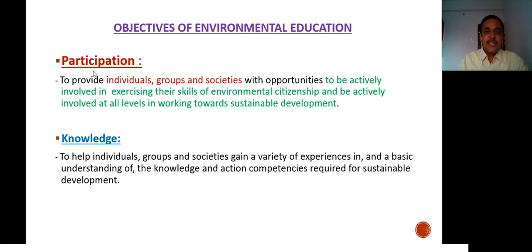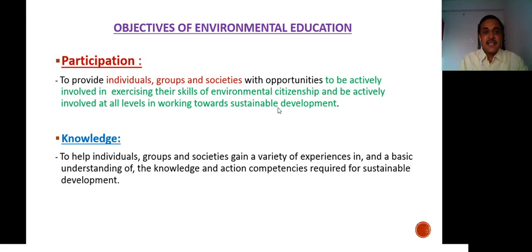The first objective of environmental education is participation, meaning to provide individuals, groups and societies with opportunities to be actively involved, exercising their skills, since every individual has different skills, at all levels in working towards sustainable development.